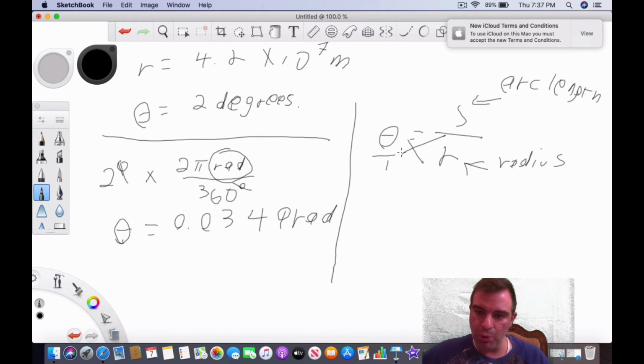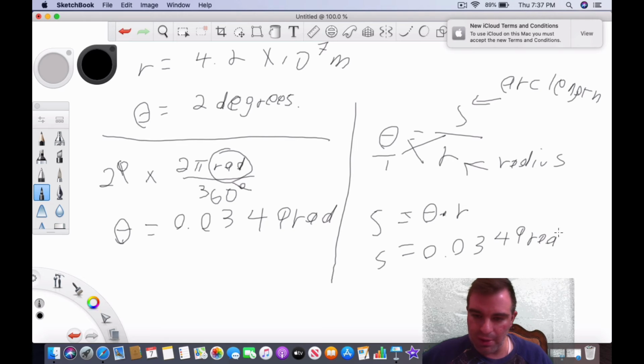So when we cross multiply, we see that we have S, what we're trying to find, equals theta times R. So theta, we're not going to use, of course, degrees. We're going to use this over here that we just got, and that's going to be 0.0349 radians, okay? And we're going to multiply by the r, the radius that they simply gave us.